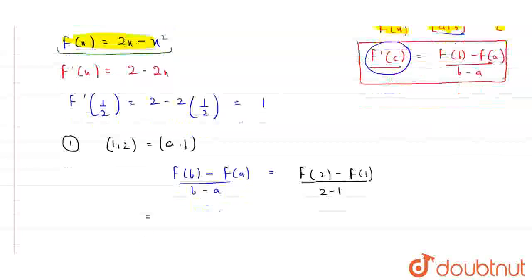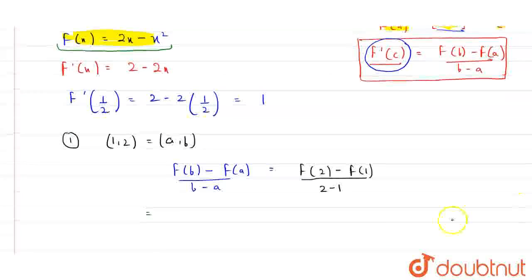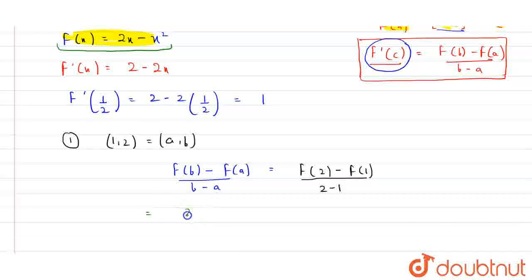So f of 2 will be equal to 2 times 2 minus 2 square, that is 4 minus 4, minus, substituting 1 in place of x, 2 multiplied by 1 minus 1 square, which is 1, and the denominator 2 minus 1 is 1.